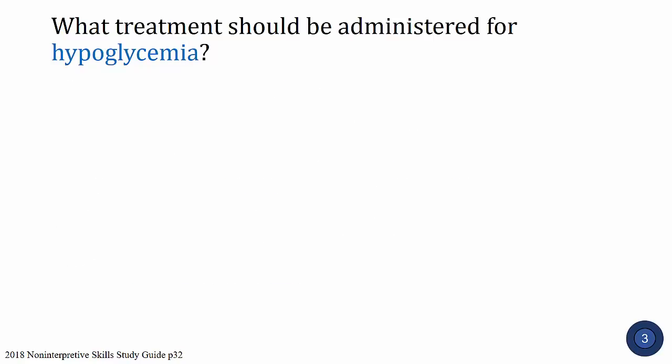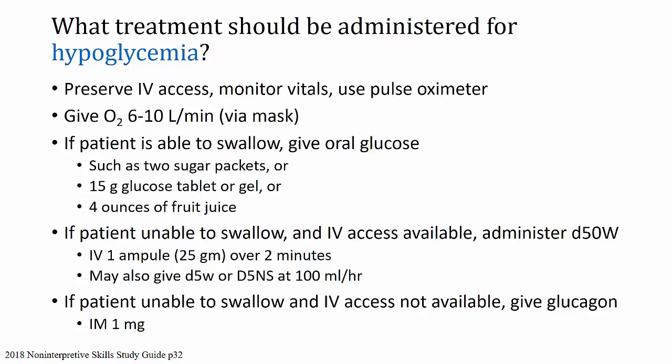Next question, what treatment should be administered for hypoglycemia? Well, as always, we want to preserve IV access, monitor vitals, use the pulse ox, and give oxygen. And then if the patient is able to swallow, we can give oral glucose, such as 2 sugar packets or 15 grams of a glucose tablet or gel, or 4 ounces of fruit juice.